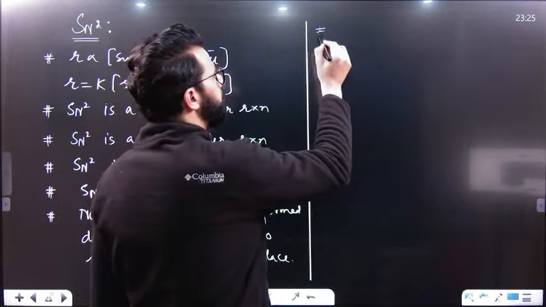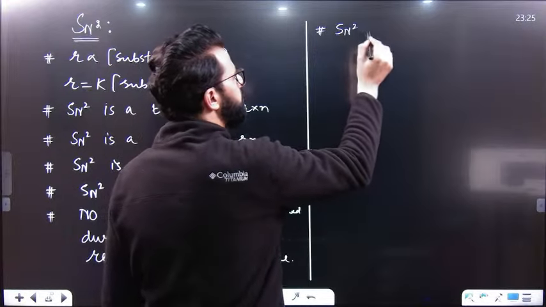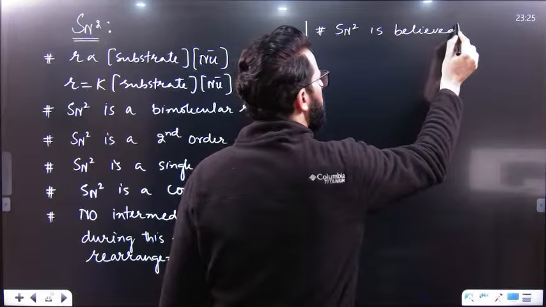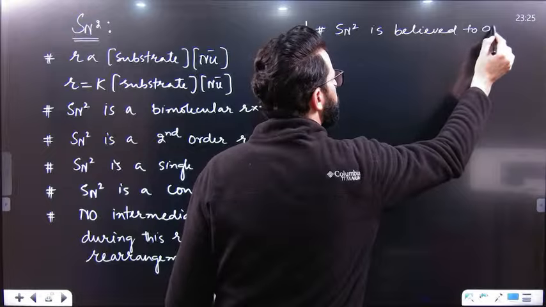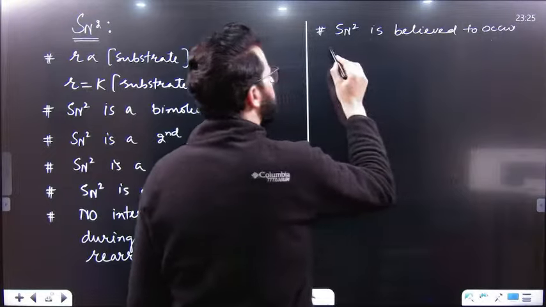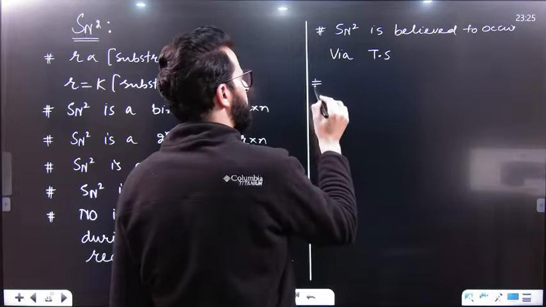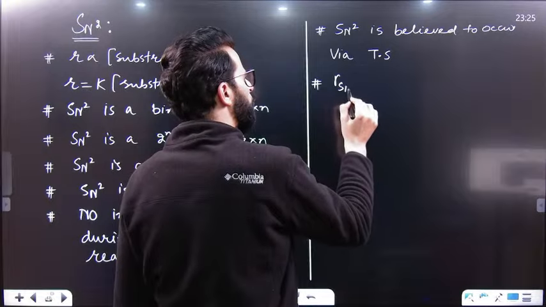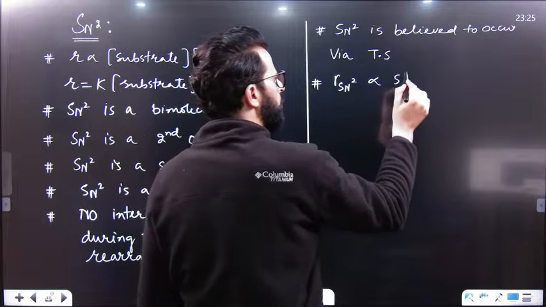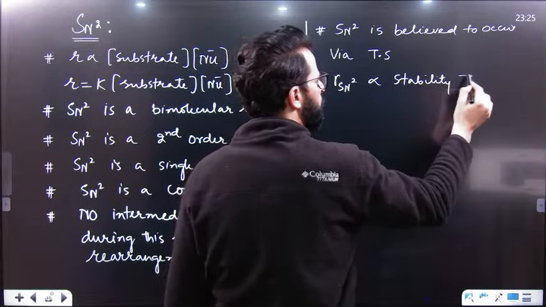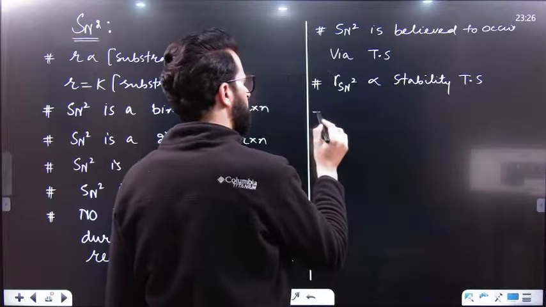SN2 is believed to occur via a transition state. Now after that, remember, rate of SN2 is directly proportional to stability of transition state.